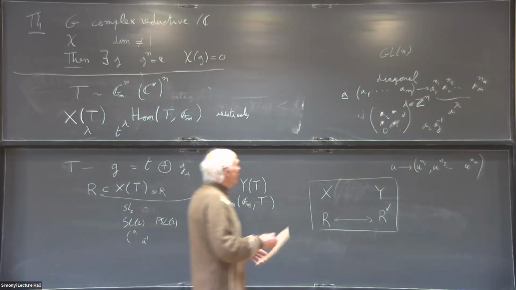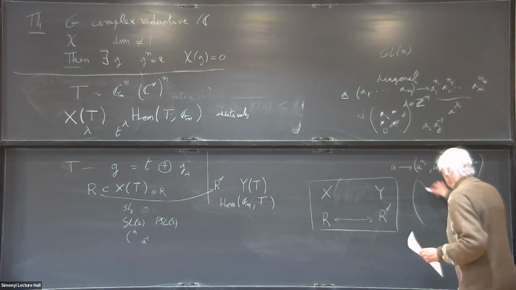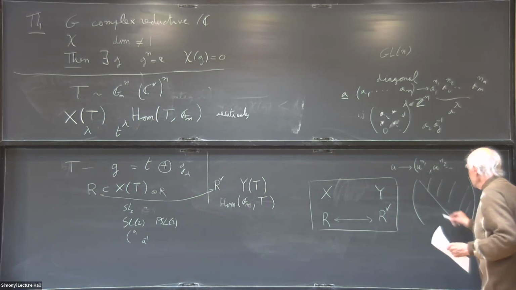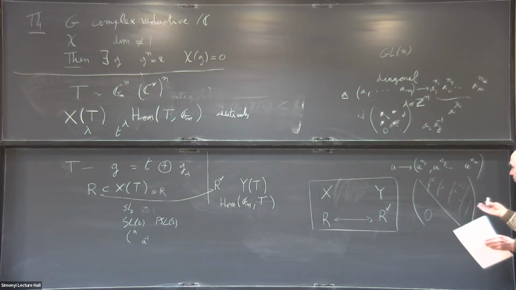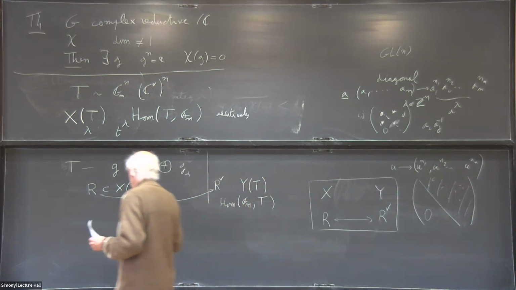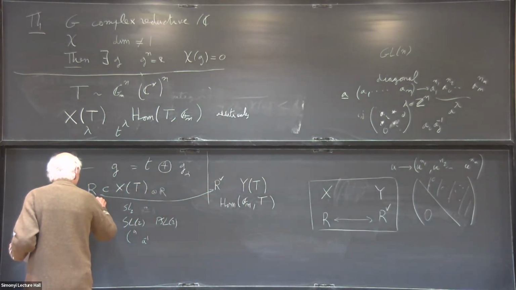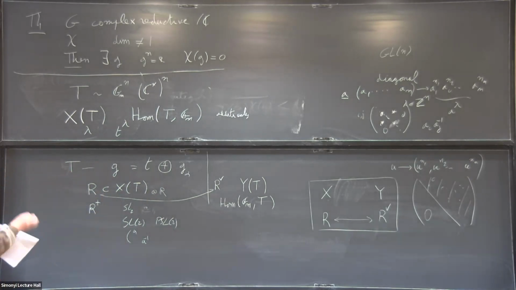So in the case of GLN, it means that one can consider, for example, upper triangular matrices and look at the root spaces which are only in there, and so that will be the positive roots. So that I will call the Borel. And all systems of positive roots are conjugate by the symmetry, so it doesn't matter which one takes.